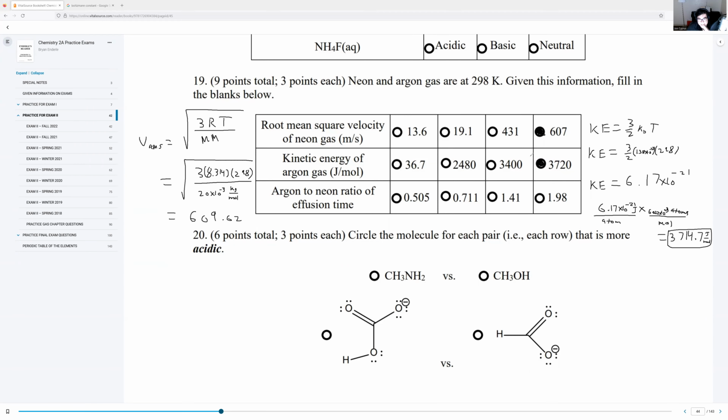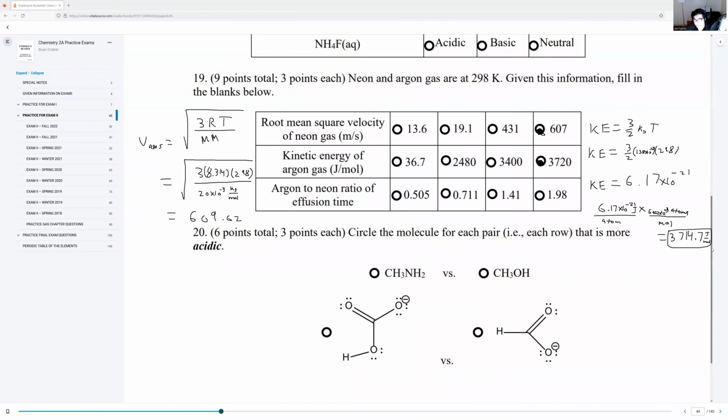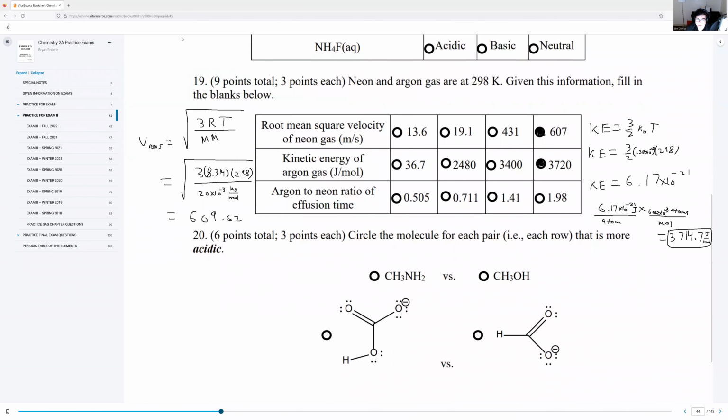All right, next it says the argon to neon ratio of effusion time. So for this effusion time, you can use this formula. The rate of effusion of A to the rate of B, so this ratio, is equal to the square root of the molar mass of B over the molar mass of A. So you just plug these in, right?